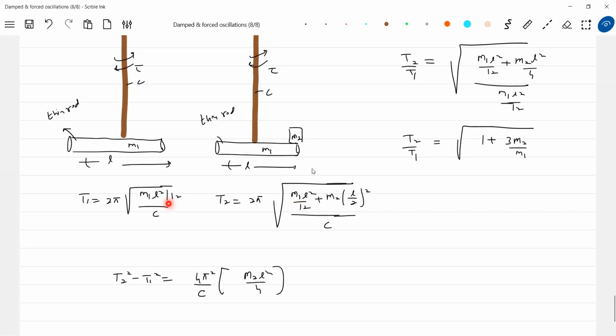M1 L square by 12 will get eliminated, so M2 L square by 4, I'll get it. So now I know this time period, I kept a mass, and I'll get the couple per unit twist.